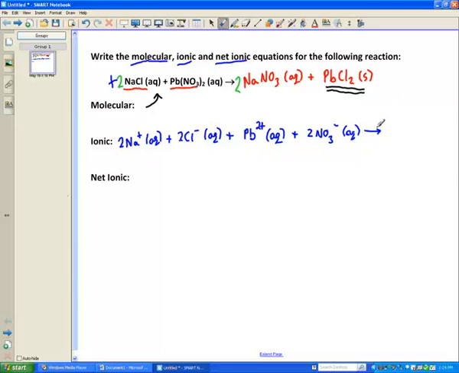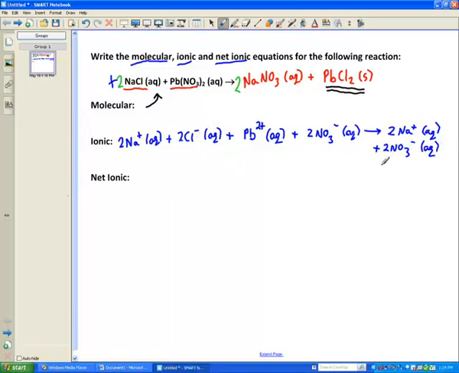Now let's look at the products that we get. We also have 2Na plus here, 2Na plus, and again that is aqueous. Okay. And we have 2NO3 minus aqueous. Okay.